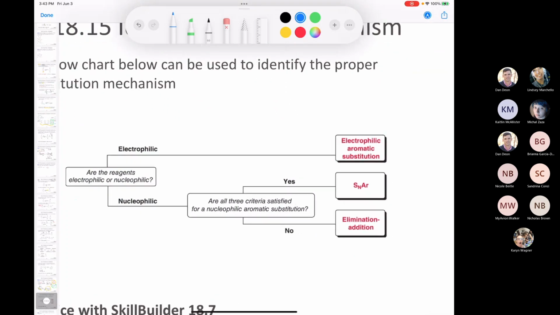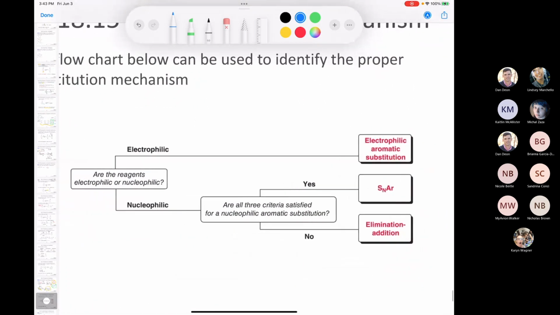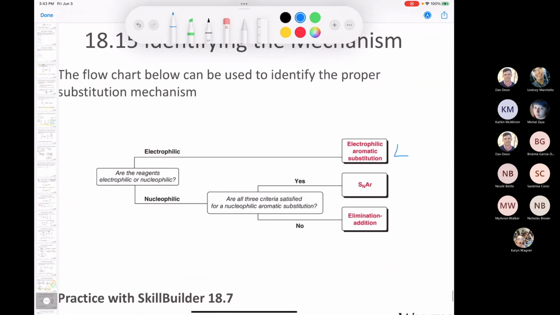And really, what did we cover in this chapter? Most of what we did was electrophilic aromatic substitution. This is covering sections 18.1 to 18.12, really. That is the vast majority of the chapter.